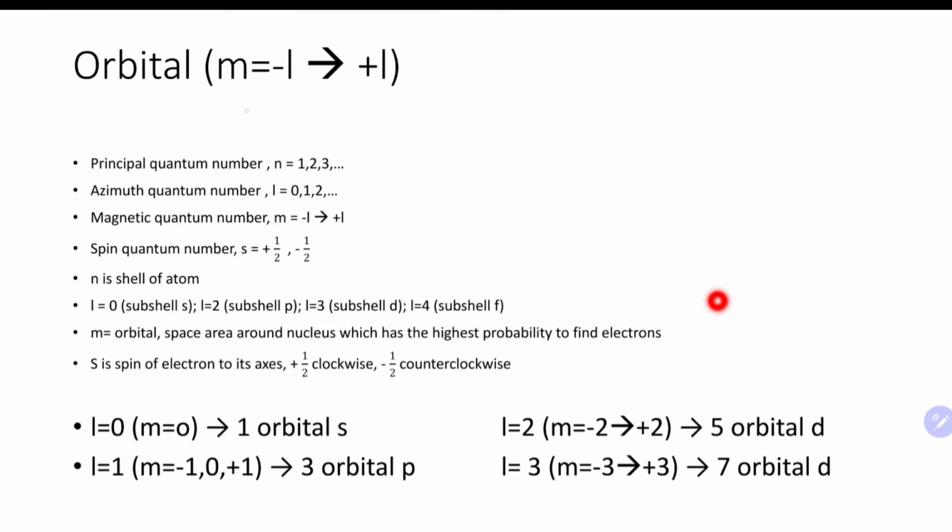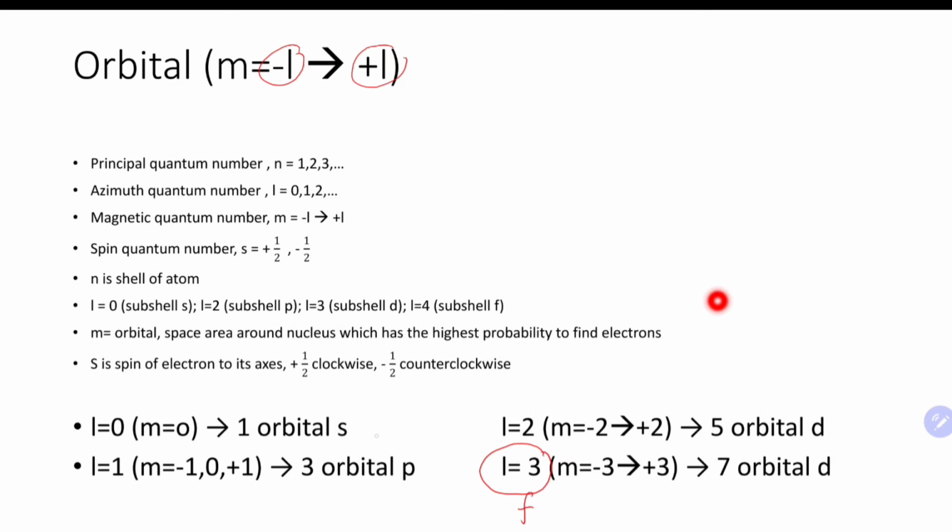Orbital, once again, is represented by the magnetic quantum number m, from minus l until plus l. For l equals 3, this is for subshell f.